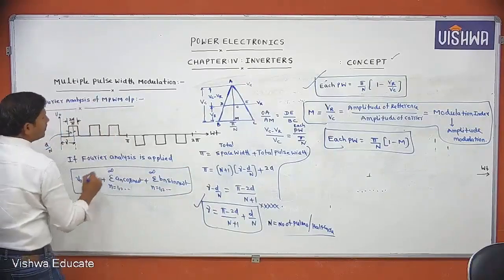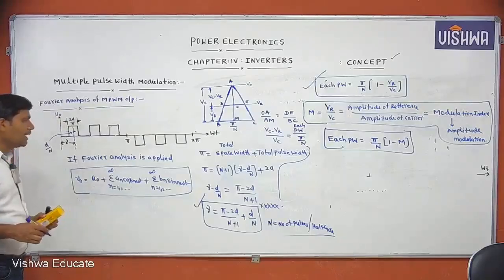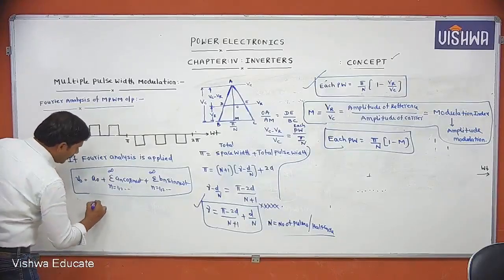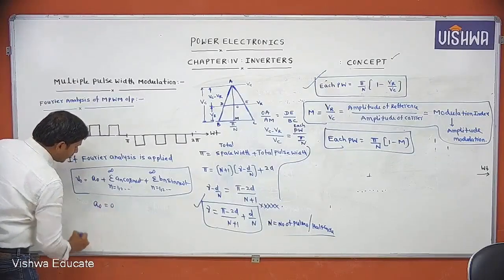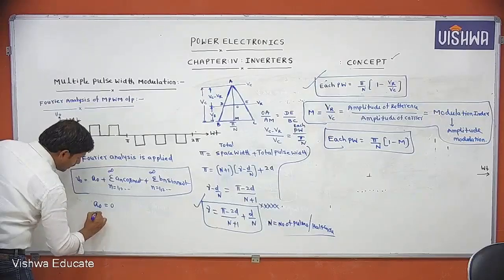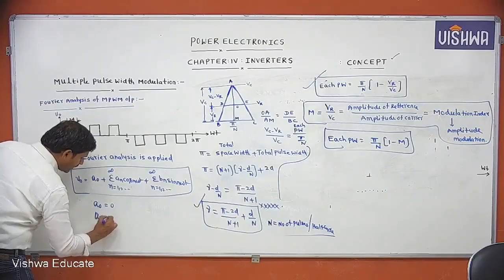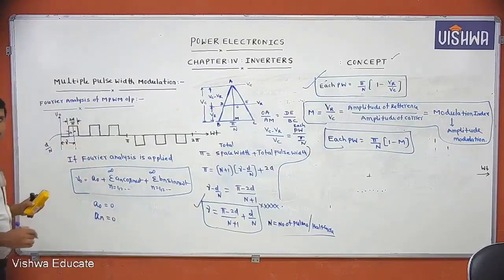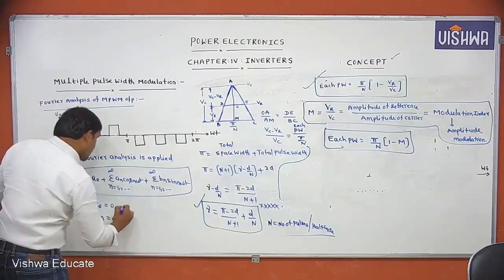For this waveform, A0 is 0. An is also 0 because of half wave symmetry, so only Bn is defined.